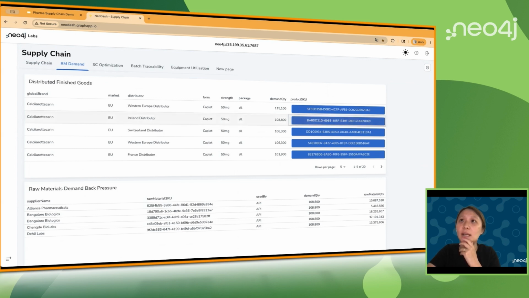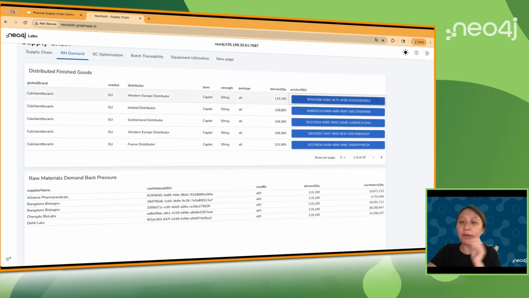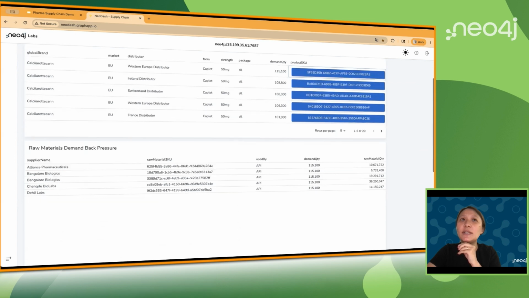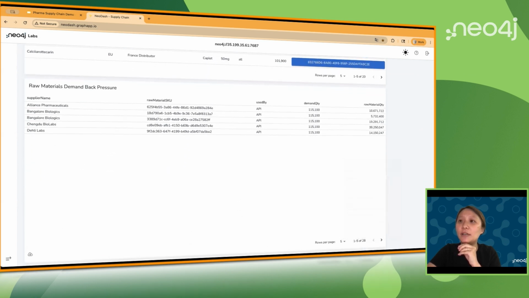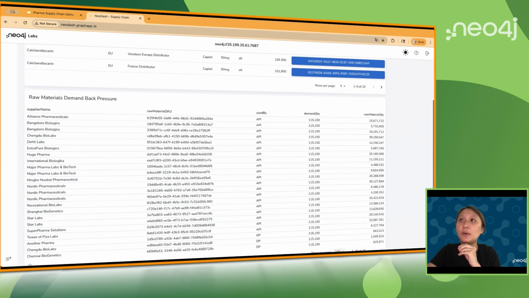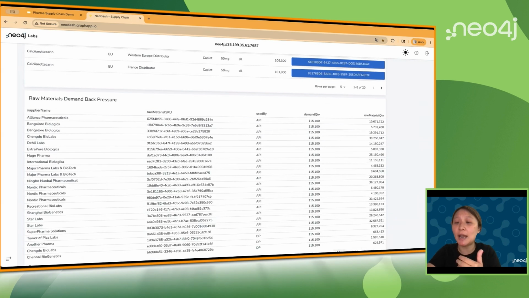For example, this particular SKU with 5F55 has a market demand of about 115,000. Every time I click on a SKU, this triggers an automatic update of the table below. The table below gives me the quantity of raw materials needed in order to meet that market demand for that particular SKU.